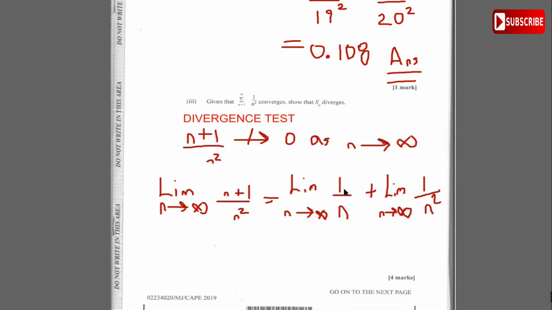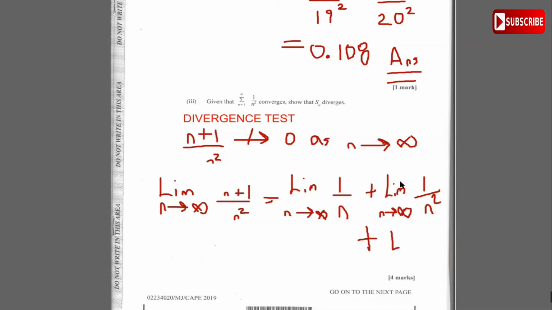Alright, so since you can simplify this to be 1 over n, then we can apply. But look what this said. It tells us that this converges. So if this converges, then they're telling us that the limit of 1 over n squared is L, which is a finite value.